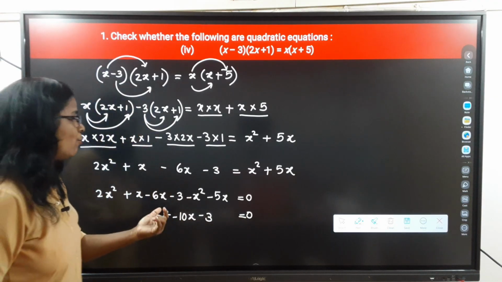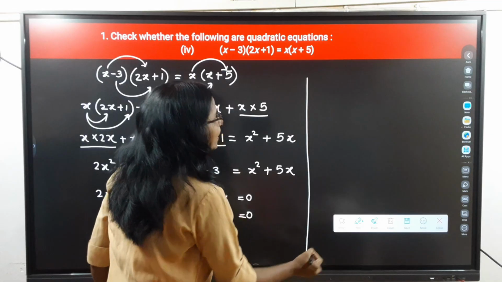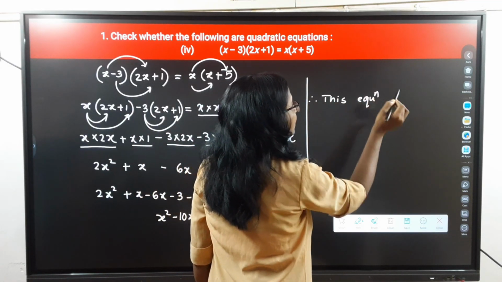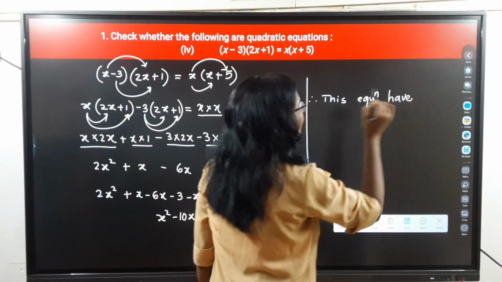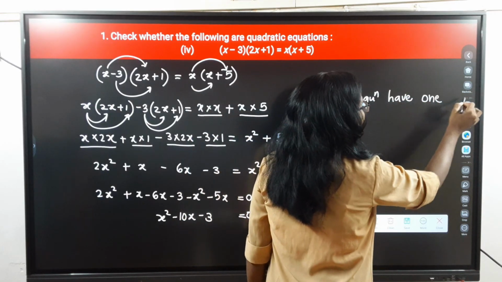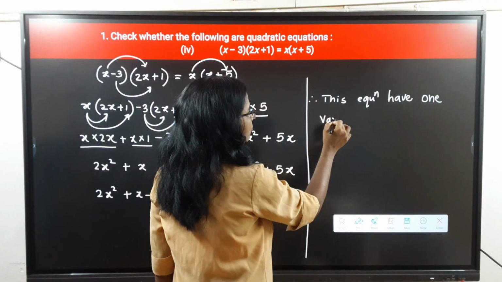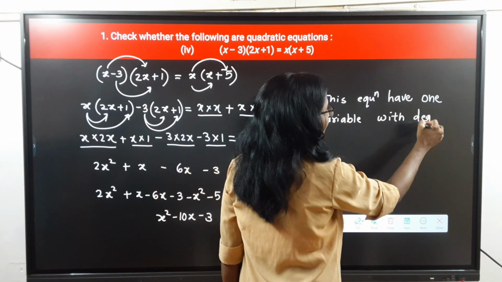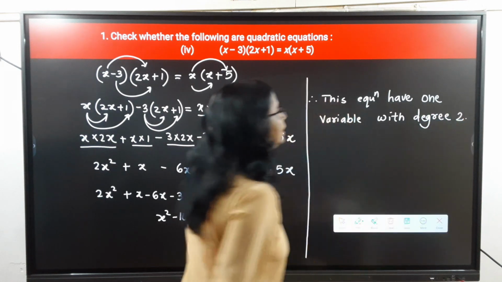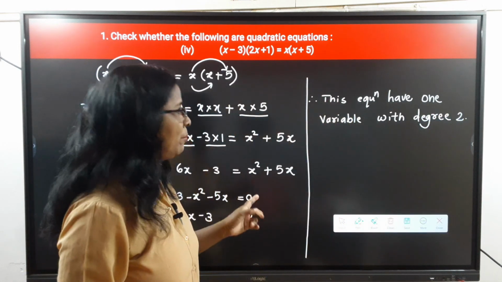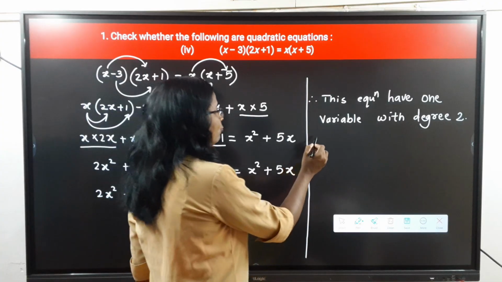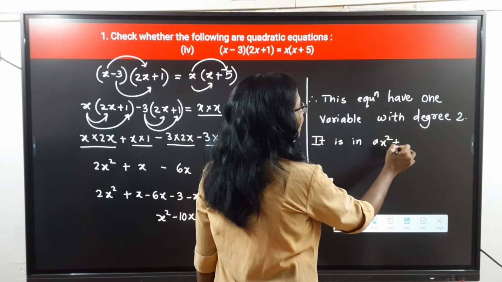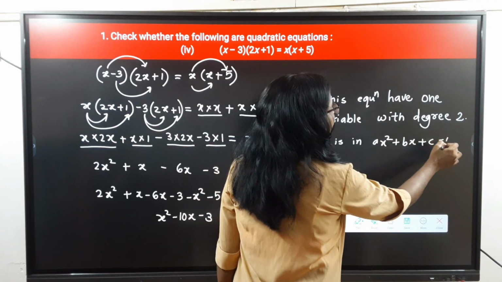So finally we can say that this equation has one variable with degree 2, and it is in the form ax square plus bx plus c is equal to 0.